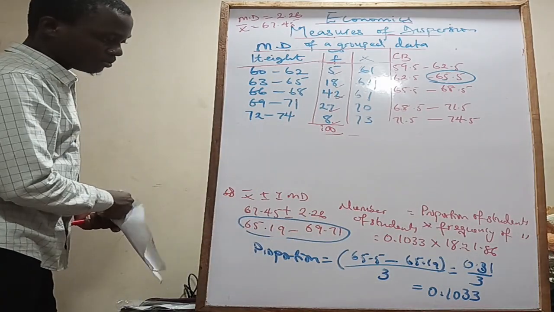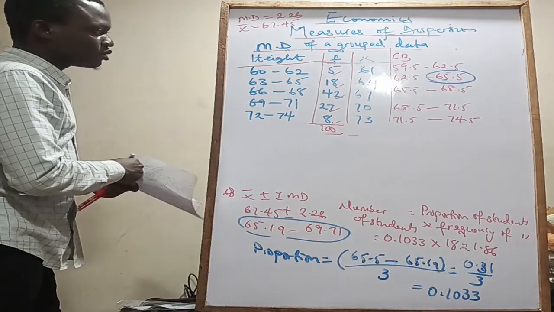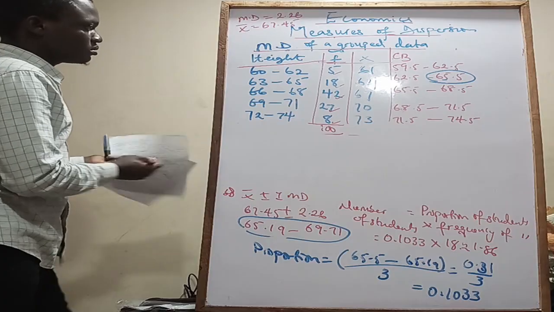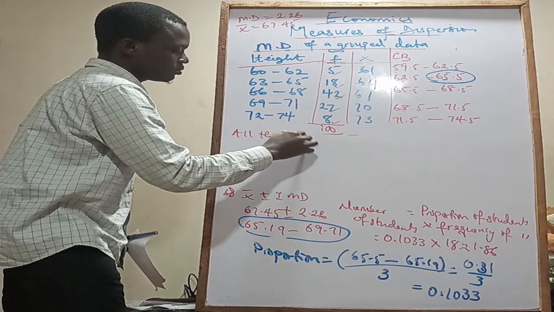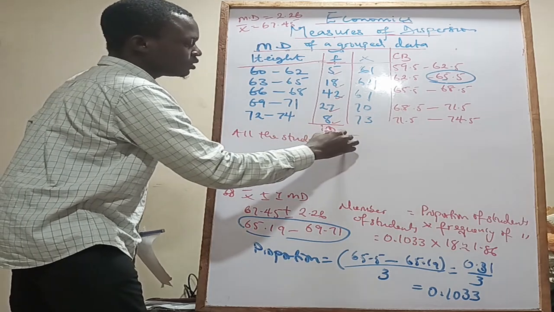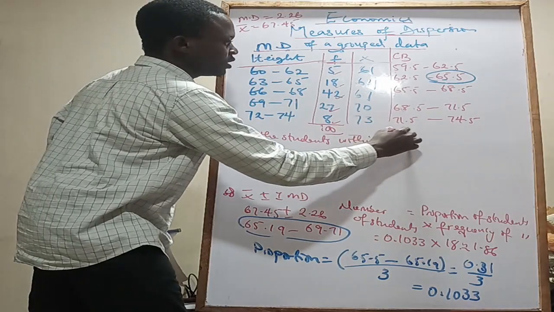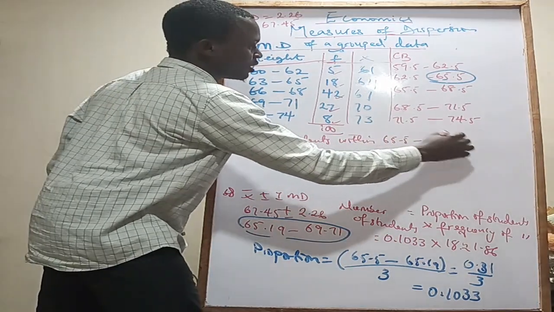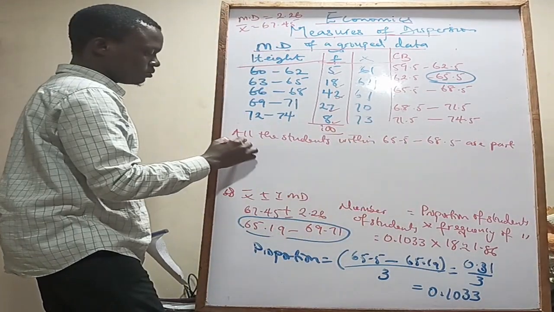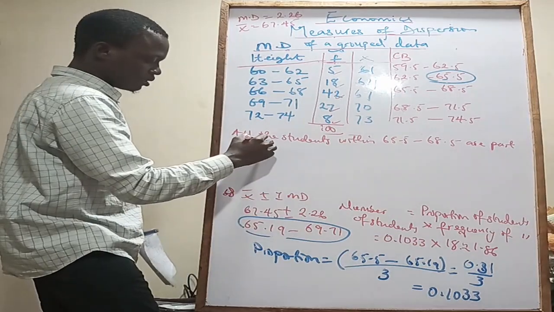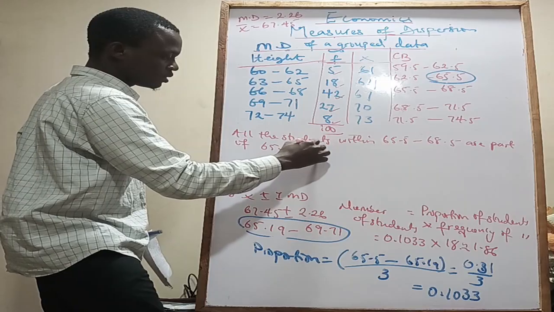So we have 1.86 students, then we're also going to have all the students within 65.5 to 68.5, which are part of the 65.19 to 69.71 interval.